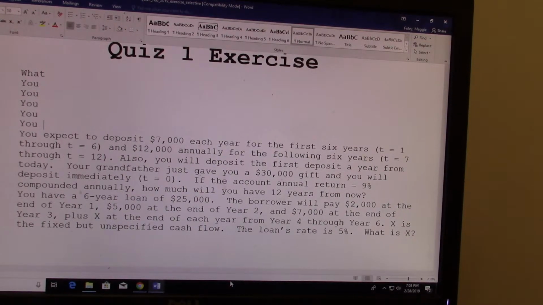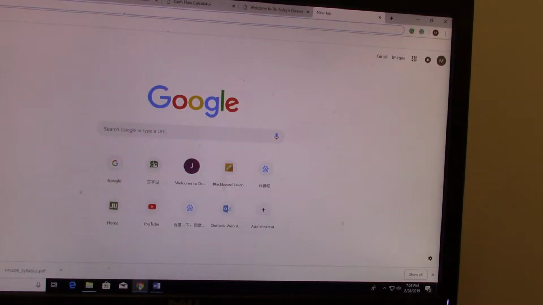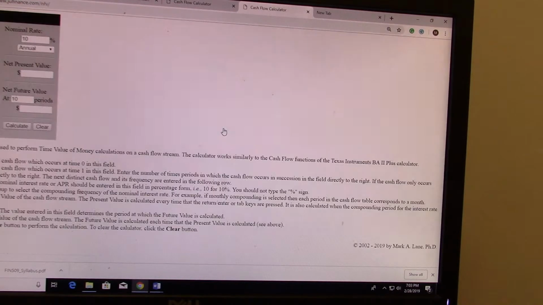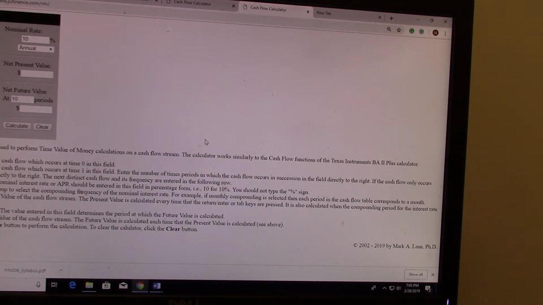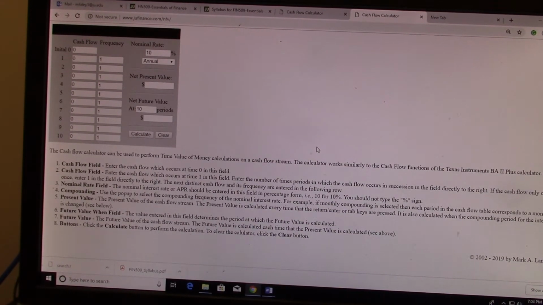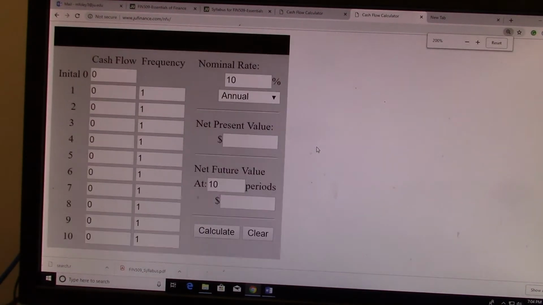An easy way to do that, you can go to my website, jufinance.com, and see here there's the NPV, net future value calculator. You can click on that one, but the problem is it has only 10 years of cash flow.